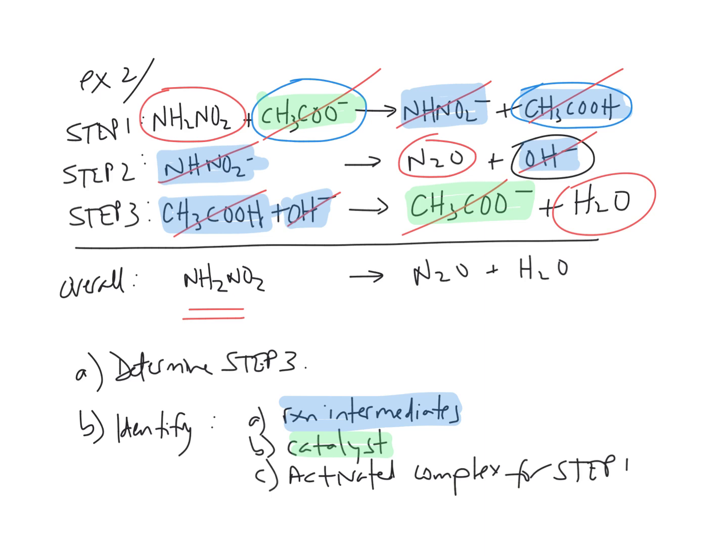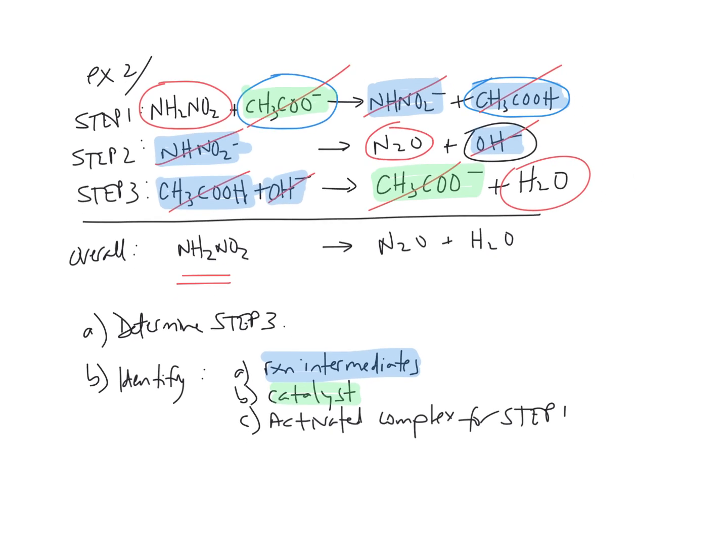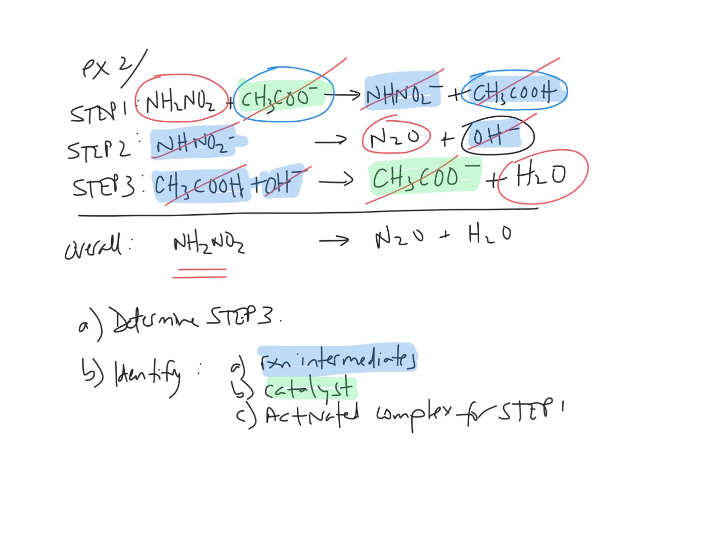The only thing left is the activated complex for step 1. So the activated complex for step 1 means we want to jam all those atoms together that are reacting in step 1. So we could either just draw this big, ugly NO2, put them all in there, CH3COO, and don't forget the whole thing has a charge.